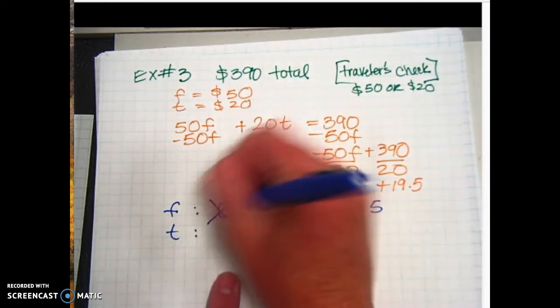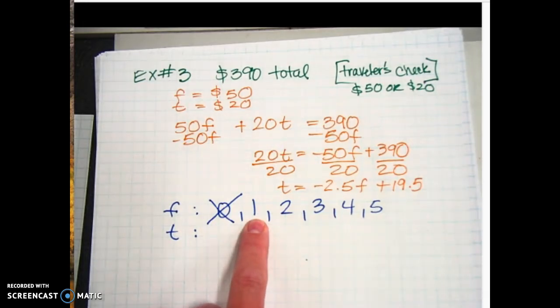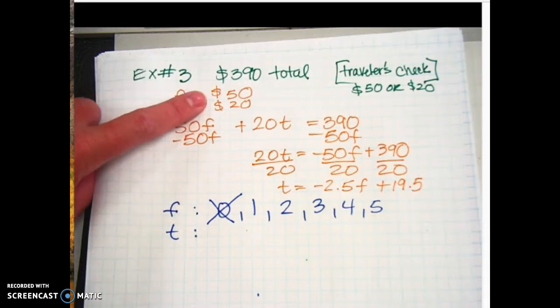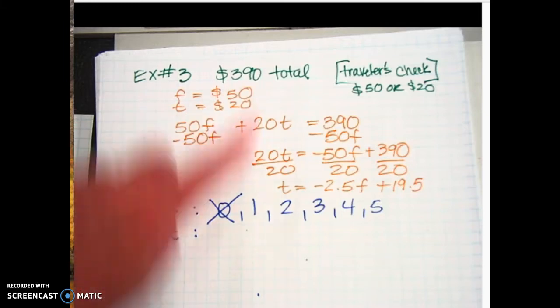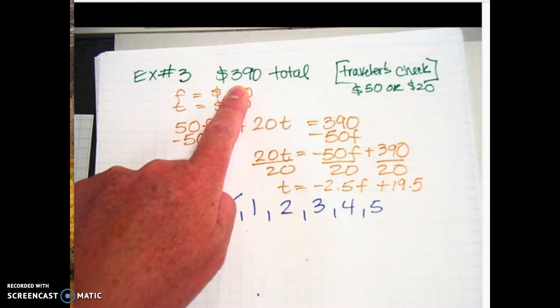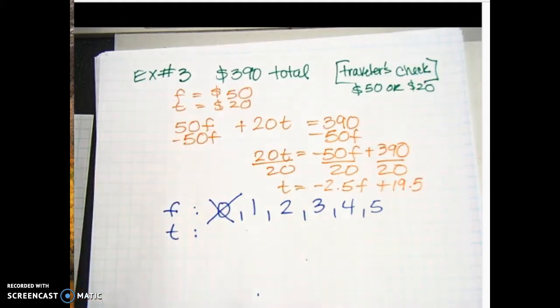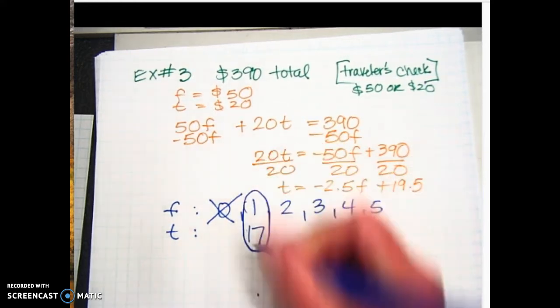No. So 0 isn't even a possibility. What if we have 1 50? Sorry, 150. How many 20s will we have? So if we have 150, that's going to get us down to 340, right? And then how many times does 20 go into 340? 17 times. So this is one possible combination.